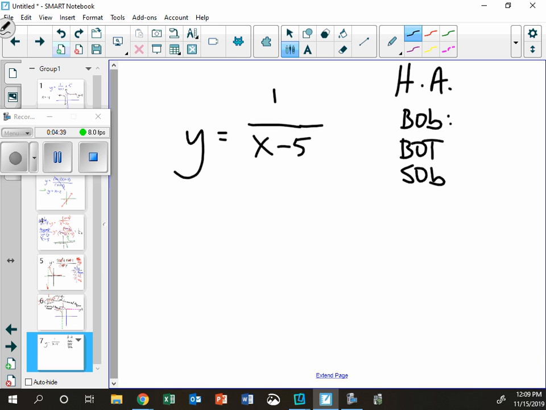If it's a bob, it's y equals the outside. It's whatever's outside the rational function. That's your asymptote line. Well, you might be like, there's nothing outside. So what is outside then? 0. So y equals 0 would be this guy's asymptote.